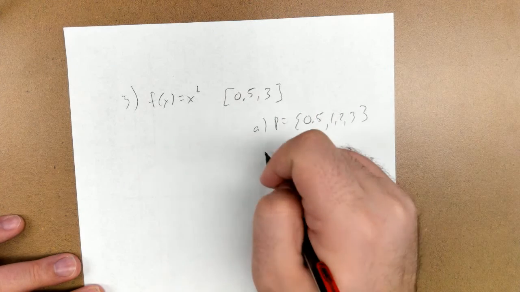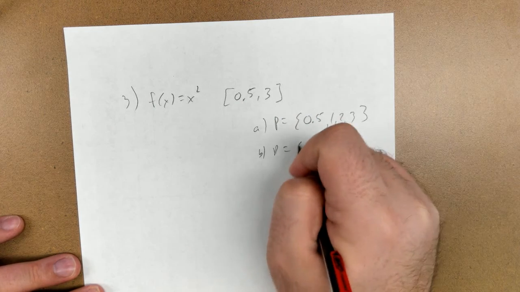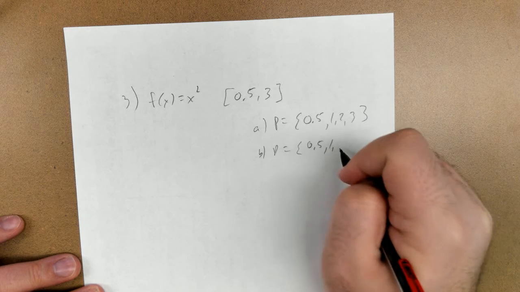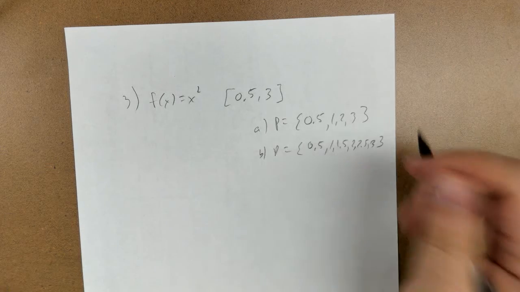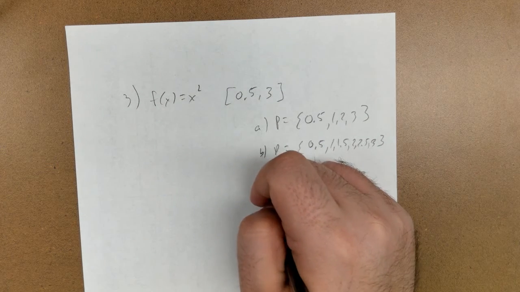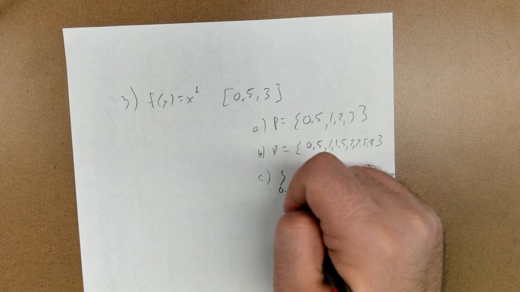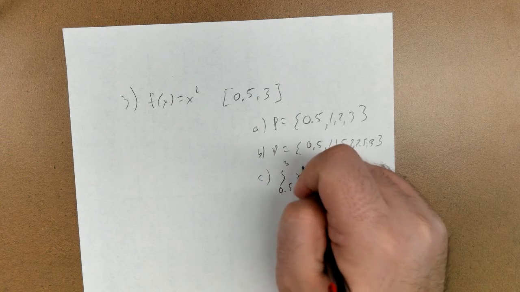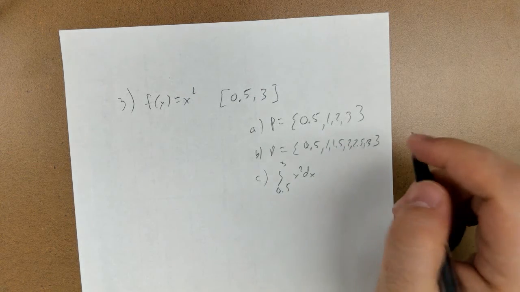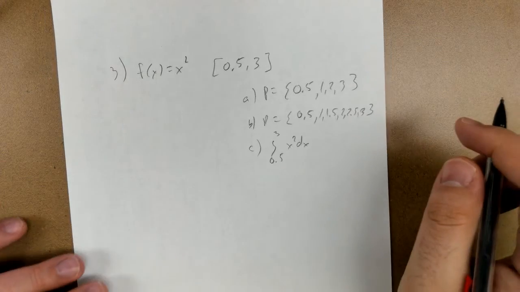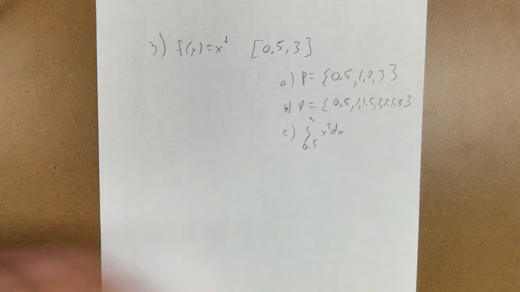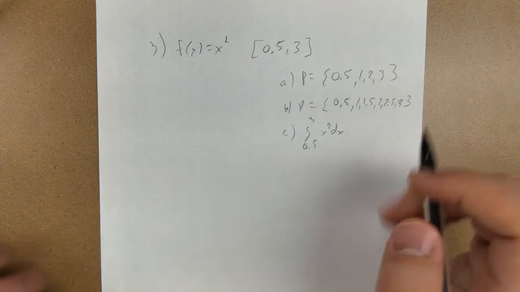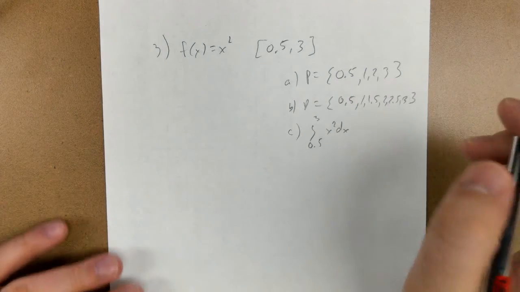So this is A. 0.5, 1, 1.5, 2, 2.5, 3. And then C is to use calculus to actually do this answer and see how close you get. Okay, so these are not super fun, and they're kind of tedious, but they're important to do. I may only do part A, we'll see.